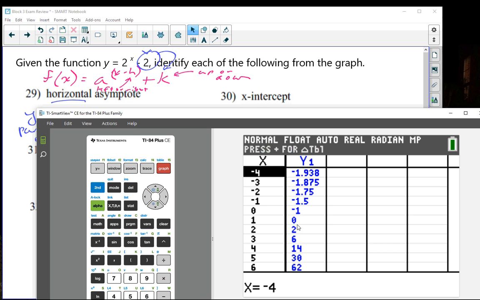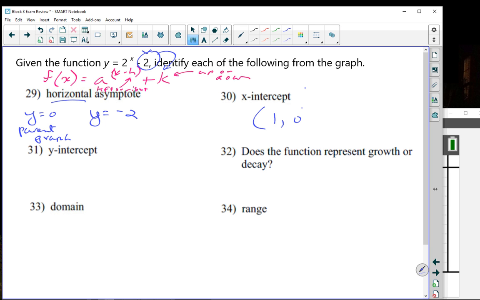The y. So all I got to do is go to this y column, scroll down, find 0, which is right there. Okay, so my x-intercept is going to be 1, 0.